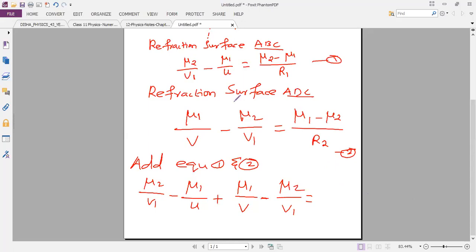I will write this on the next page. This is only the left hand side: mu2 divided by v1 minus mu1 divided by u plus mu1 divided by v minus mu2 divided by v1. Mu2 by v1 and mu2 by v1 are cancelled. So next, mu1 divided by v minus mu1 divided by u. That is the next step. Up to that, please copy. We go to the next page.